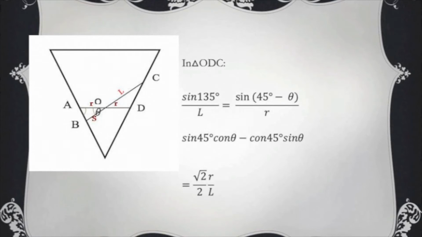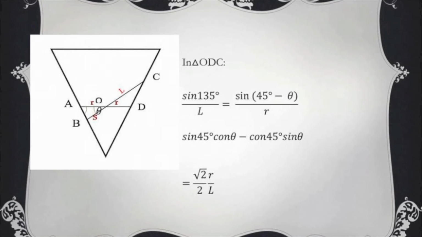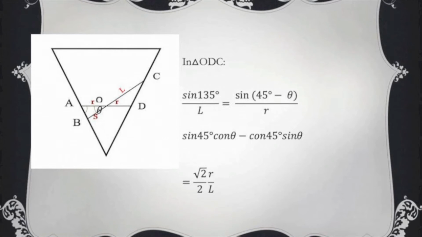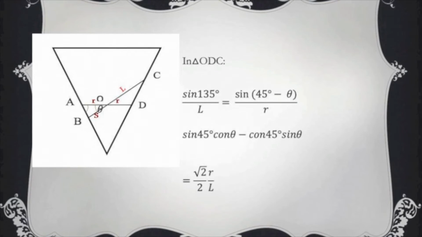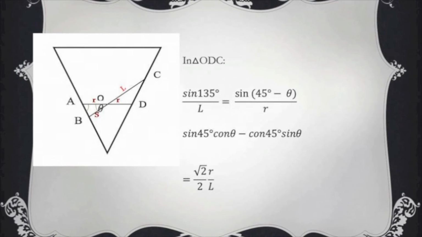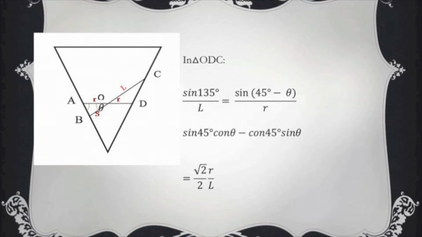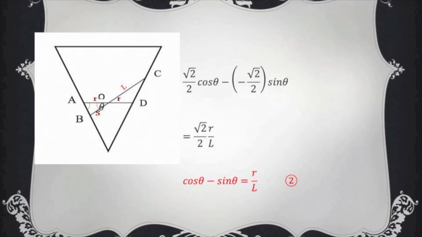So in triangle ODC, we are using again the law of sines. So sine 135 degrees over L equals sine of (45 degrees minus theta) over R. So it becomes sine 45 degrees cosine theta minus cosine 45 degrees sine theta equals root 2 R over 2L.